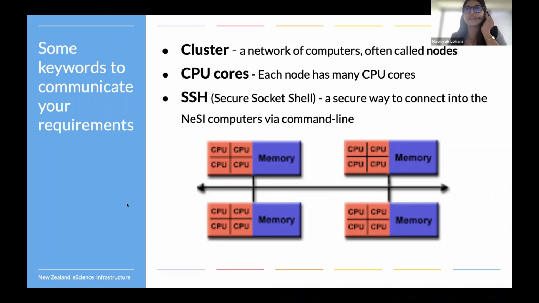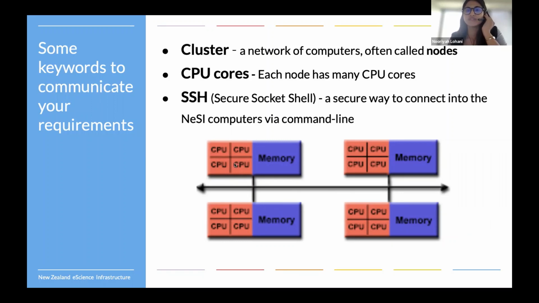So a cluster is mainly a network of computers, and they're often called nodes. So I would call one of these CPU clusters, one of these purple and red boxes, a single node. And each node can have many CPU cores.